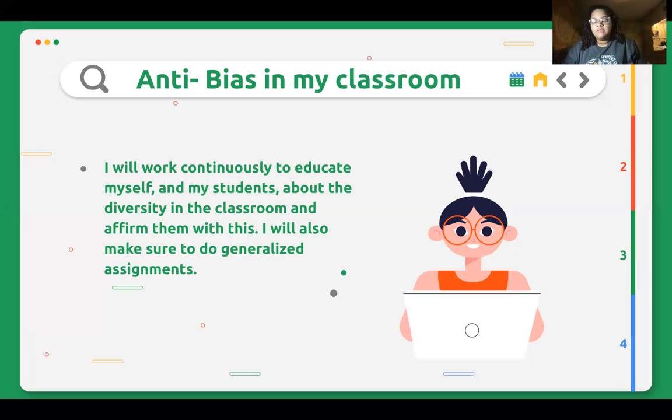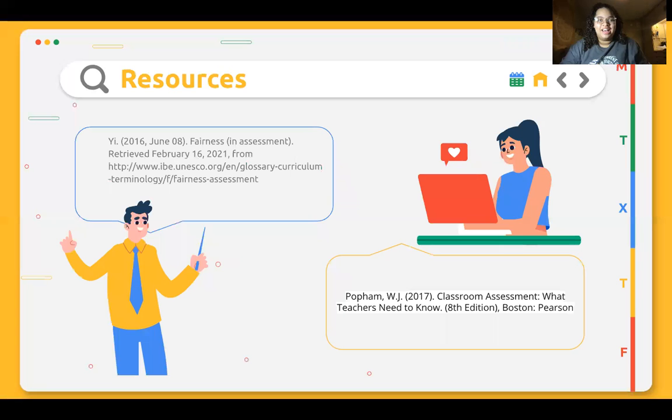One way is if I have a student who cannot see, they might have to do audio testing. Like they may have to listen to the material and tell me or write it down, and that's assessment for them. So I think that answers the questions for this week. I feel pretty confident in that.